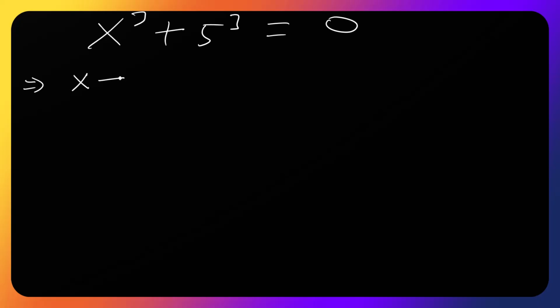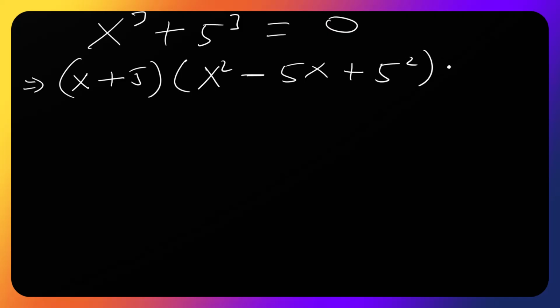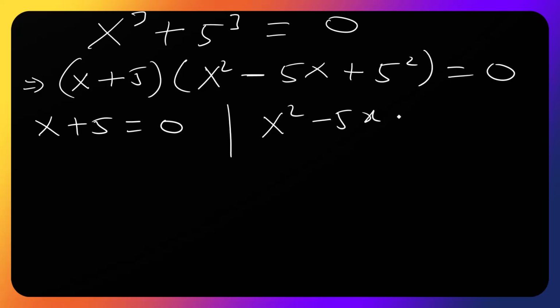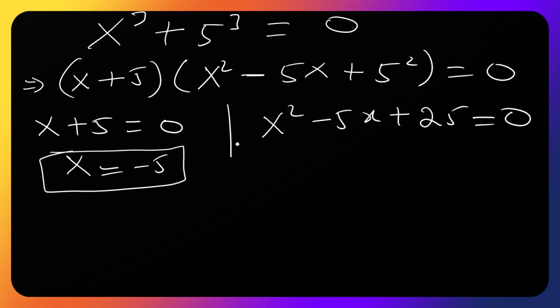This will be x plus 5, times x squared minus 5 times x plus 5 squared, equals 0. Again, we can say x plus 5 equals 0, or x squared minus 5x plus 5 squared, 25, equals 0. So the first solution will be negative 5. Now let's look at the other solutions.